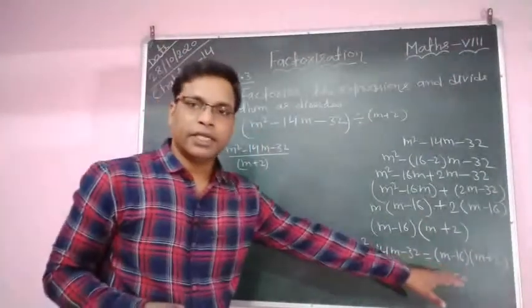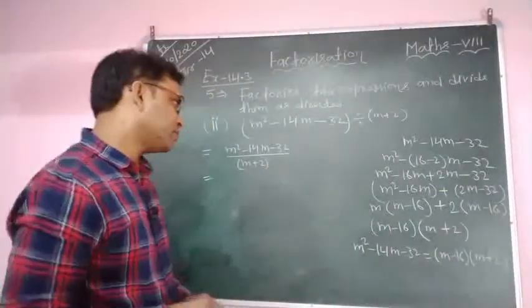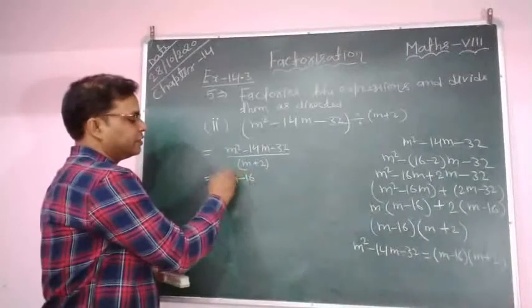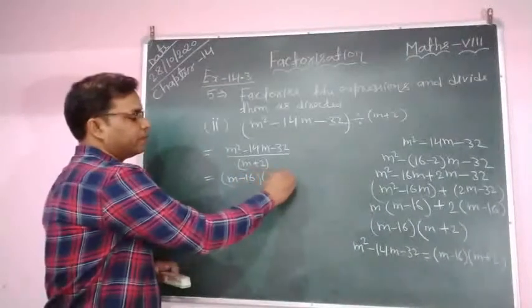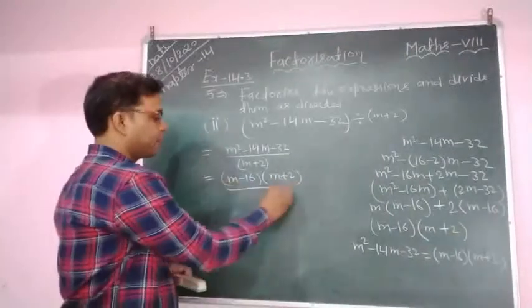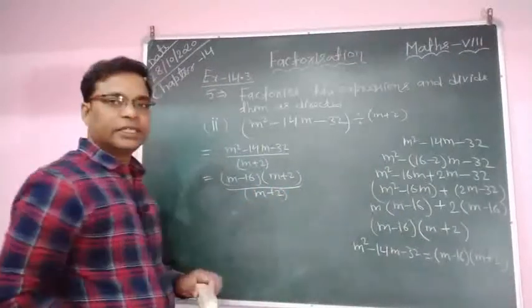You can see here m minus 16 into m plus 2. So we can write here m minus 16 into m plus 2 divided by m plus 2. This is clear?